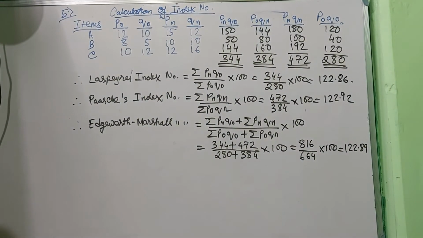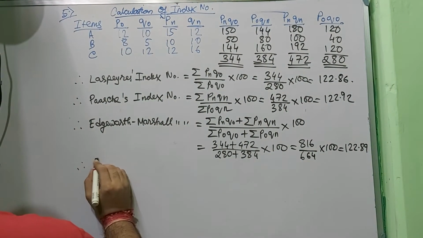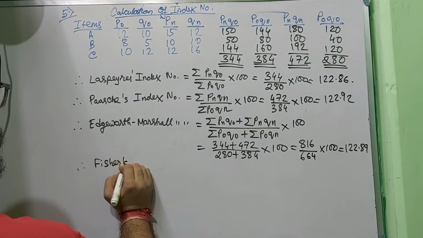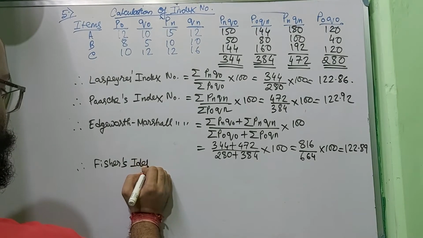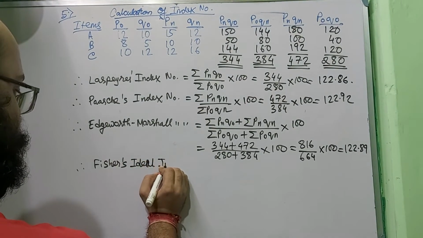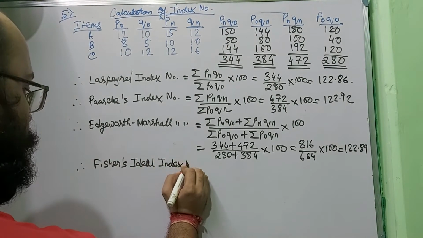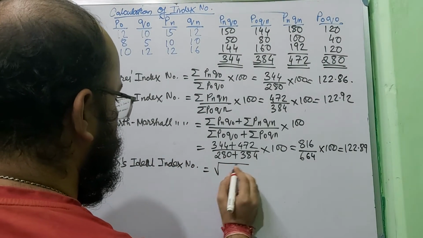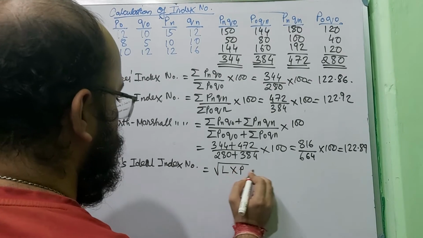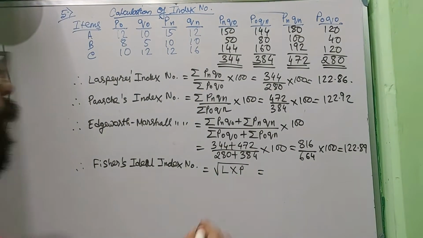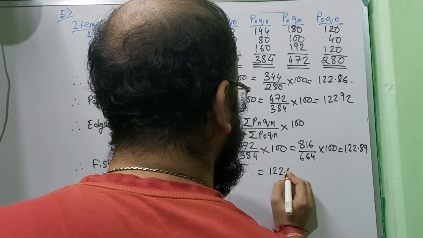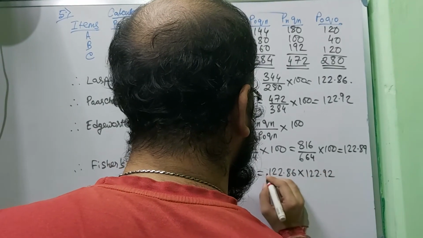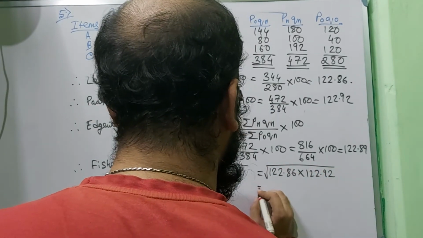Okay, Edgeworth-Marshall. Now the last part is Fisher's ideal index number. The same formula, but as everything is given, you just calculate the square root of Laspeyres into Paasche. Laspeyres you get 122.86, into Paasche 122.92, which is the total result.